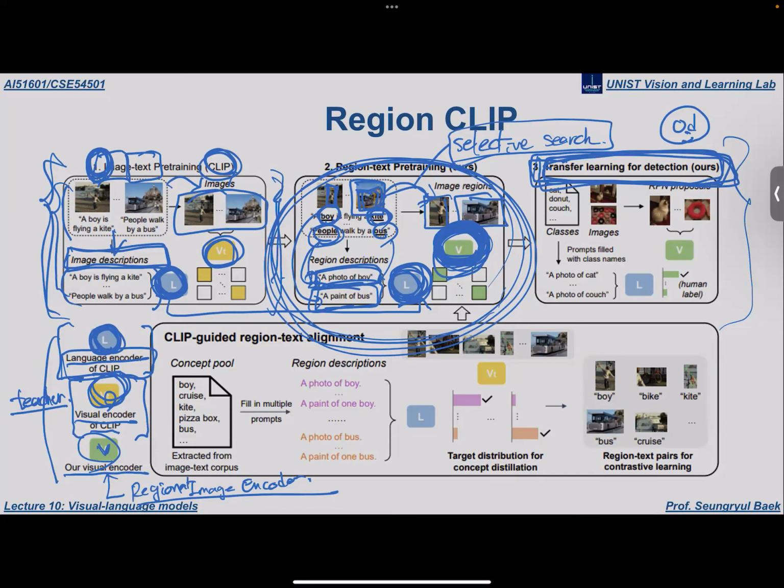So, I mean, you first secure the CLIP encoder and the text encoder, and by generating some object proposals and making some noun-wise text prompts, you further train the regional image encoder here, right? And then using that regional image encoder, you can replace the image extractor part of the object detection algorithm and further train them for object detection. So that's proposed here.